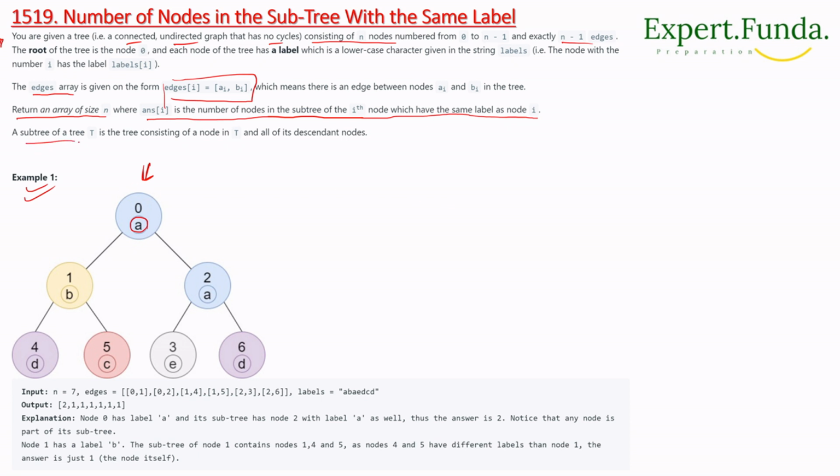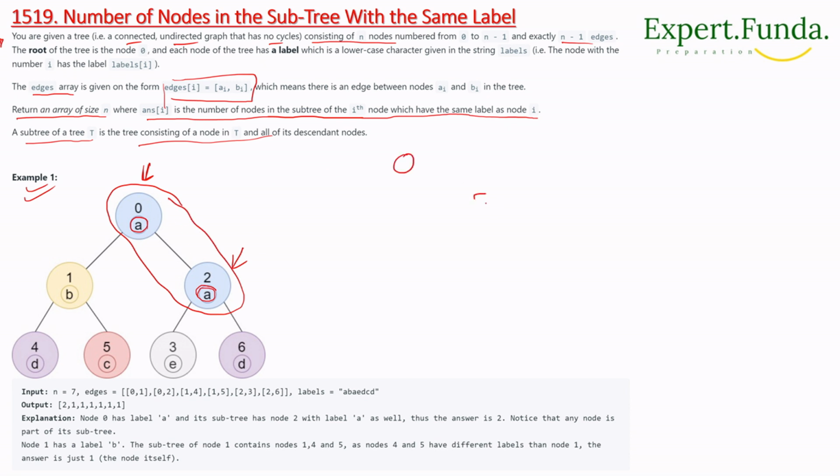Let's suppose the tree consists of nodes and their descendant nodes. Gotcha. Let's see example one, in which this node is given and node 2 is also given.